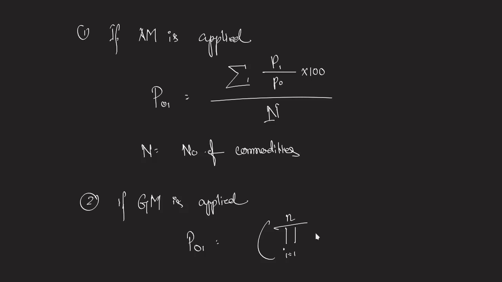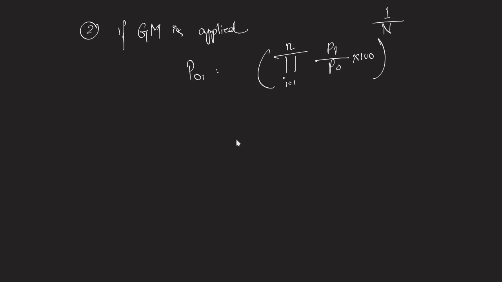I goes from 1 to n, P1 by P0 into 100, this to the power 1 by n. আৰু another formula যেটো antilog লৈ use কৰা যায়, that is antilog of 1 by n summation log of P1 by P0 into 100, right?